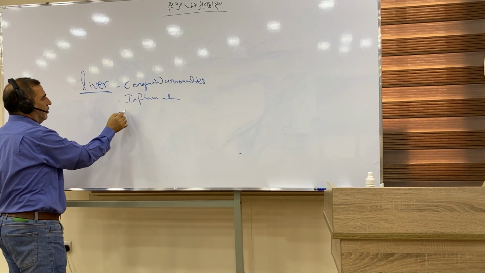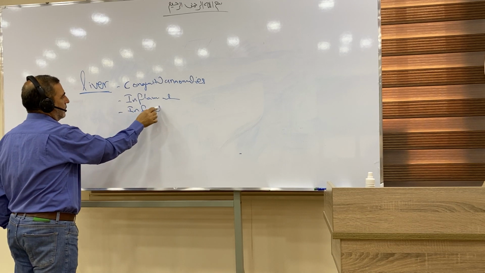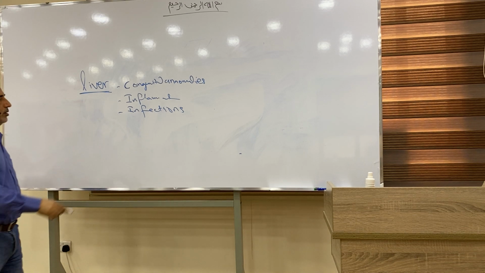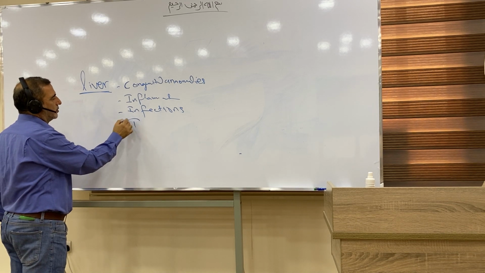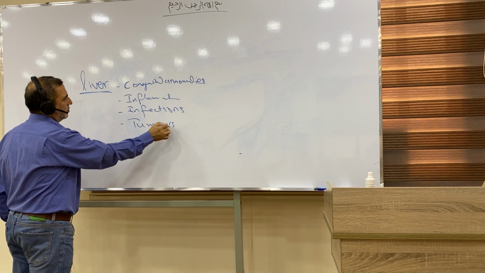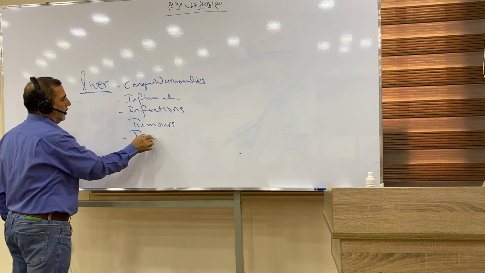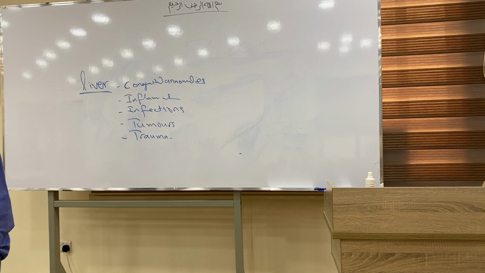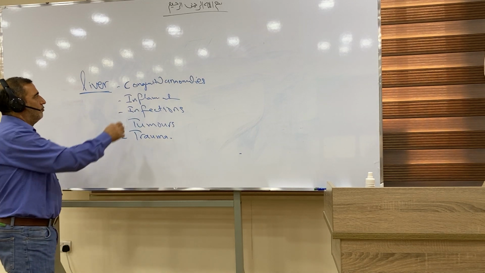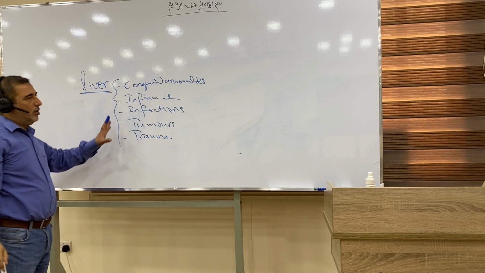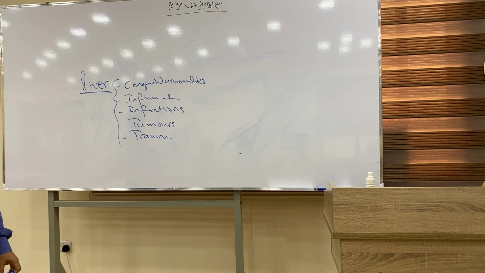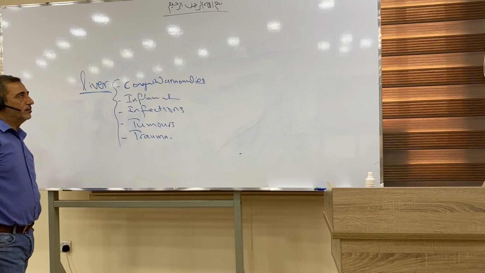It can be affected by infections. It can be affected by tumors. And it can be affected by trauma. But these main etiologies can affect any organ in the body, including the liver.